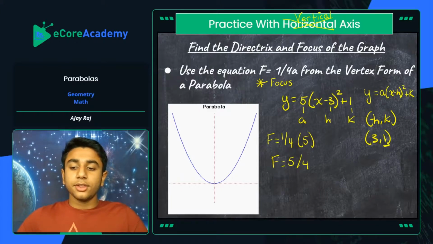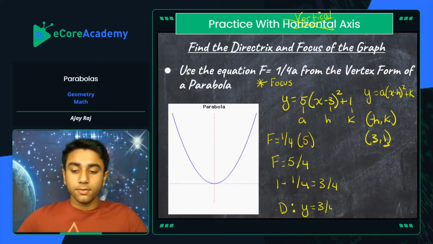So we're just going to calculate the distance between 5/4 and 1. We know that's 1/4. So we know that the directrix has to be on the opposite side of the vertex. So we're going to do 1 minus 1/4 to get 3/4. And the equation for our directrix would be y equals 3/4.